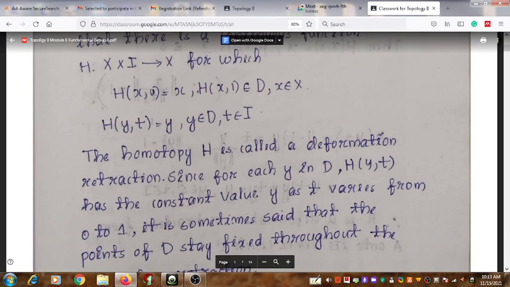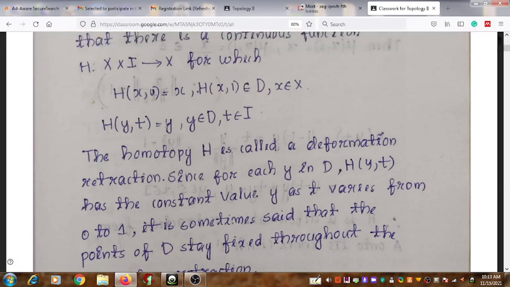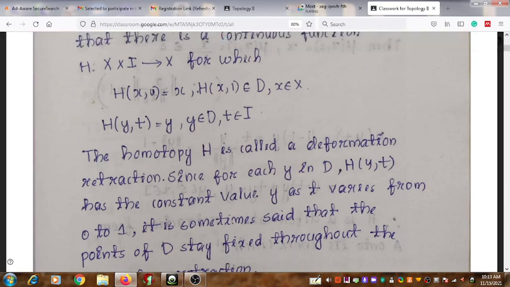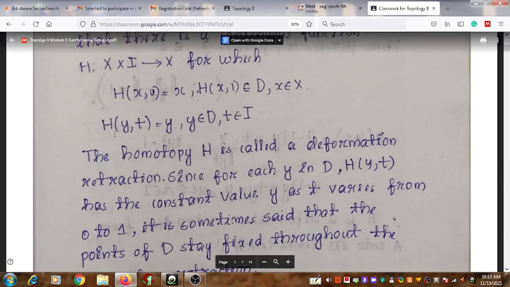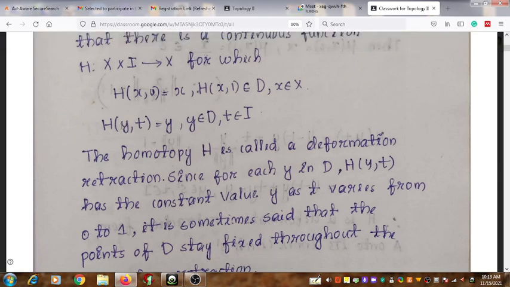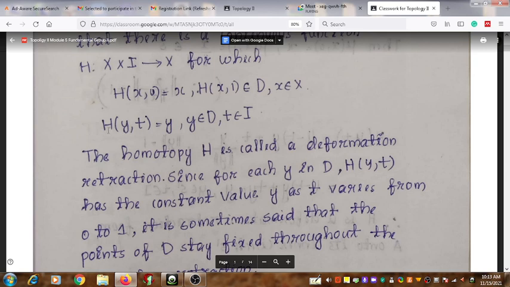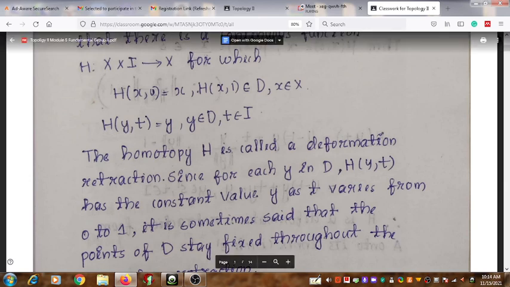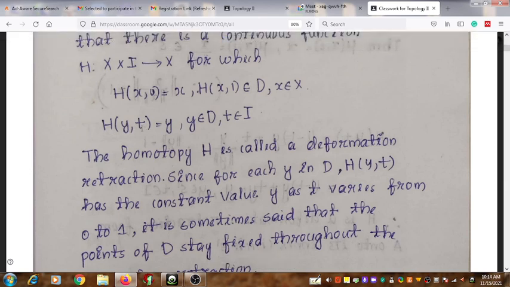The second part of the condition is that h(y,t) equal to y, and this is for all y in D. When you think about a point y in D, it must satisfy the condition that h(y,t) is the same whatever the value of t, irrespective of the value of t. h(y,t) is a constant.